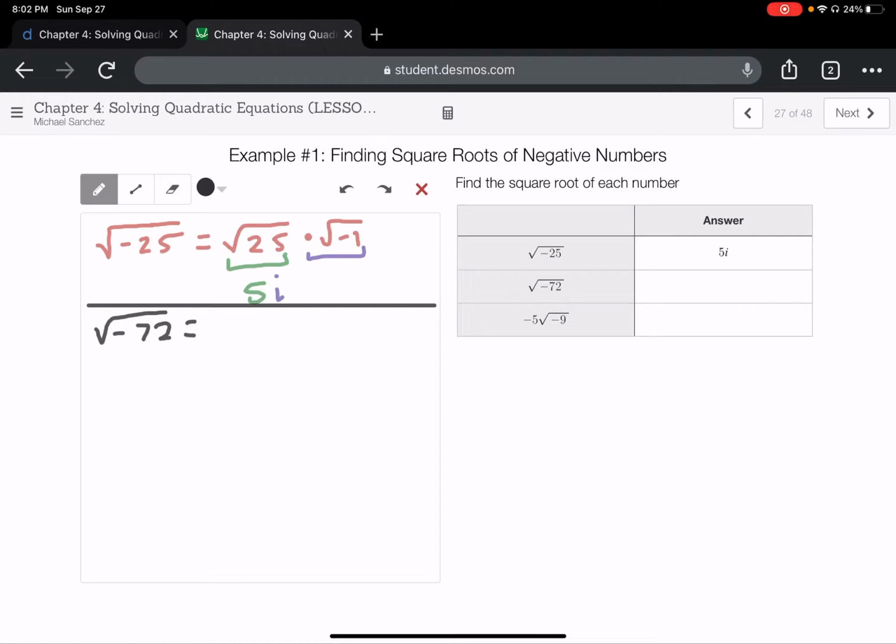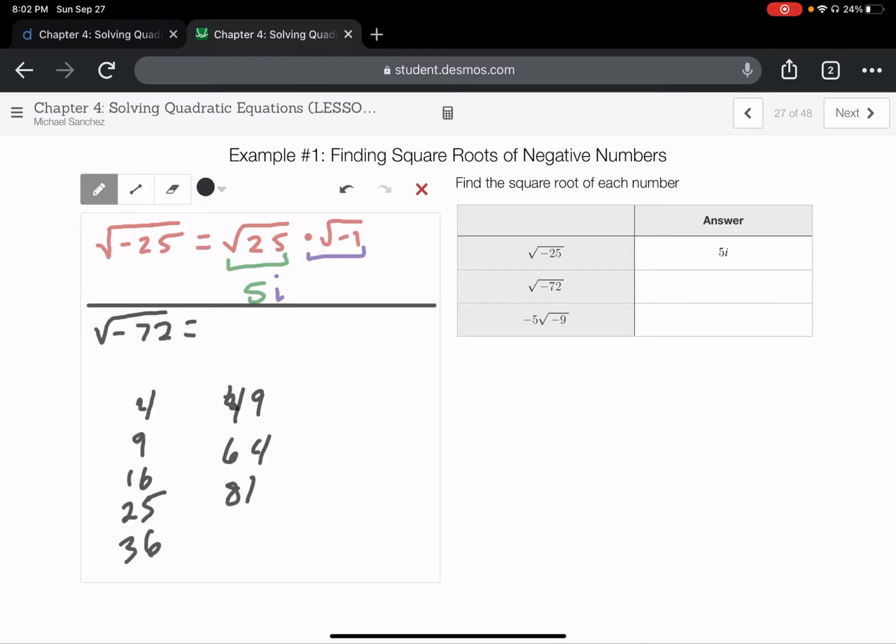We are looking for perfect squares like 4, because that's 2 times 2. 9, that's 3 times 3. 16, that's 4 times 4. 25, that's 5 times 5. 36, that's 6 times 6. 49, that's 7 times 7. 64 is 8 times 8, and 81 is 9 times 9.